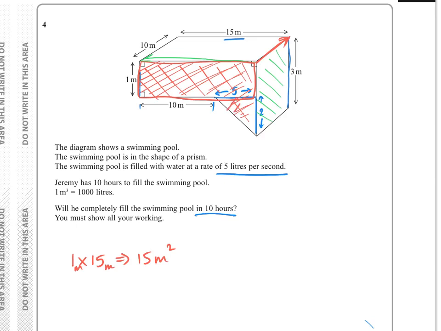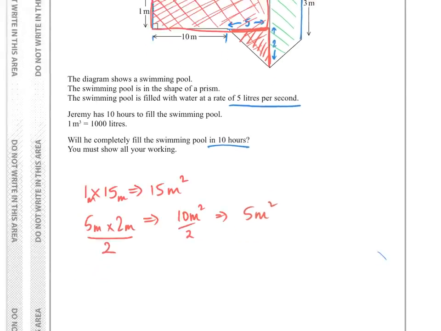And then this part here, the triangular part, well, that's going to be base times height, or height times base, doesn't matter which way round. So we're going to have 5 metres by 2 metres. And then don't forget, base times height halved is the area of a triangle. So we're going to have 10 metre squares divided by 2, which is 5 metre squares.